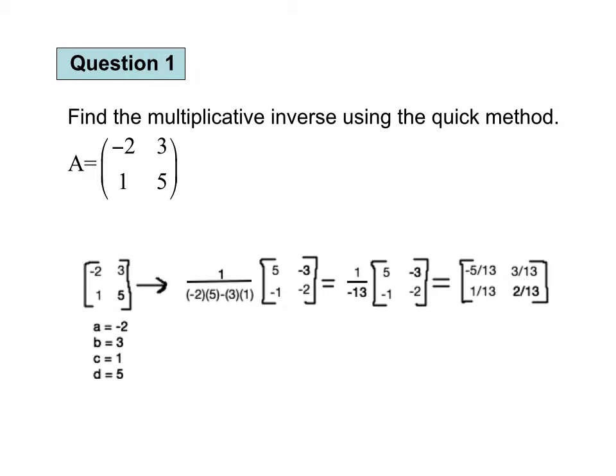First, I hope everyone identified A, B, C, and D, then found the scalar of 1 over AD minus BC, then transformed the matrix of switching A and D and changing the signs of B and C. Then all you have to do is multiply the simplified scalar of -1/13 times the transformed matrix, and then simplify to get -5/13, 3/13, 1/13, and 2/13.